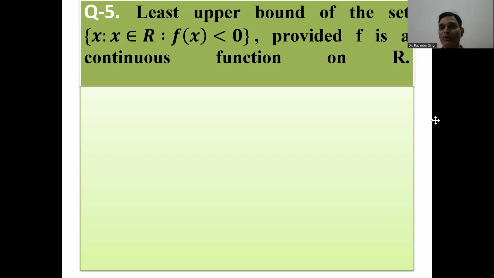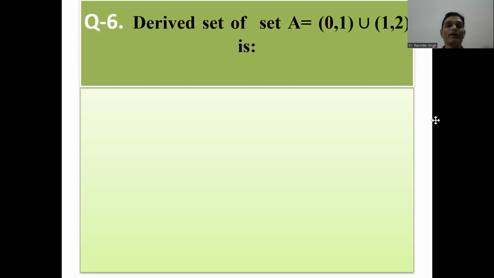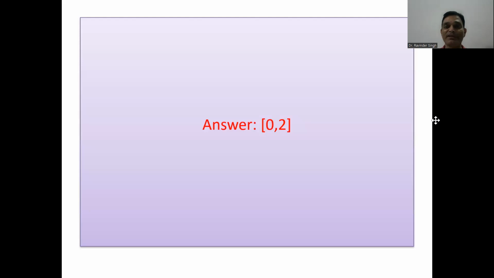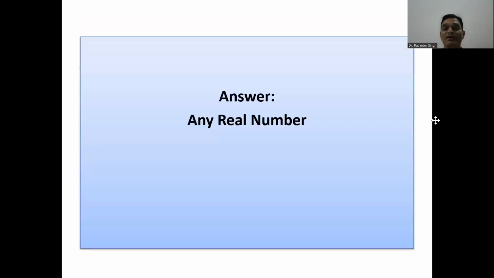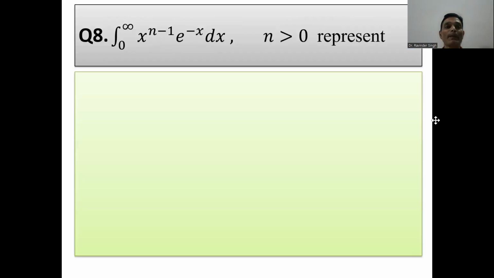Least upper bound of the set that is given here, provided f is a continuous function on R, the answer is 0. The derived set for the set A, 0 to 1 and 1 to 2, is 0 comma 2. The multiplication of two irrational numbers is, the answer is any real number.